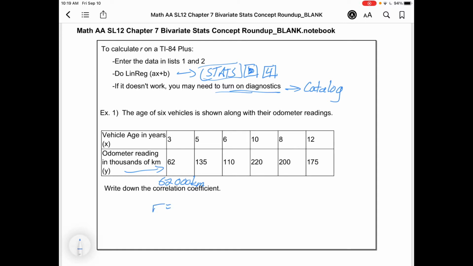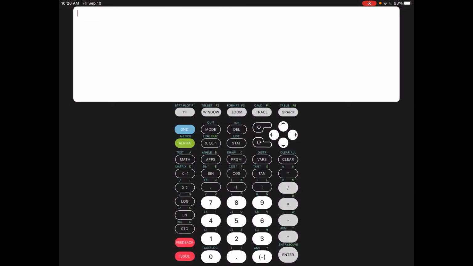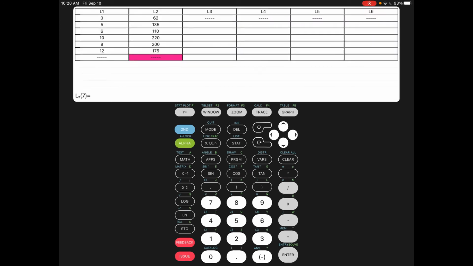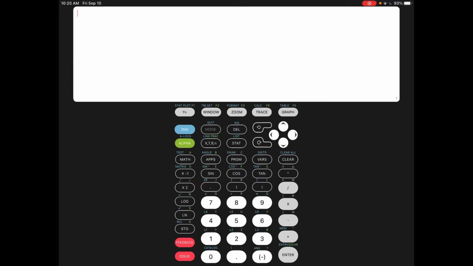So I'm going to head to the TI-84 and put in this data. Here I am on the TI-84. I press Stat, and I press Enter for Edit the lists. I've already put these in. In L1, I put all my X values in. In L2, I put all the corresponding Y values in. Now I'm going to quit, which is second mode, and do that linear regression.